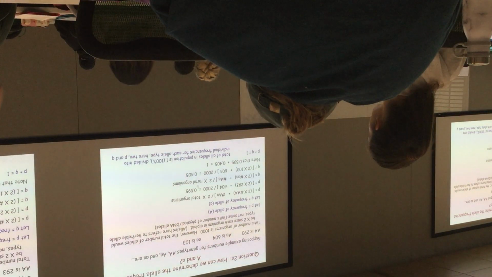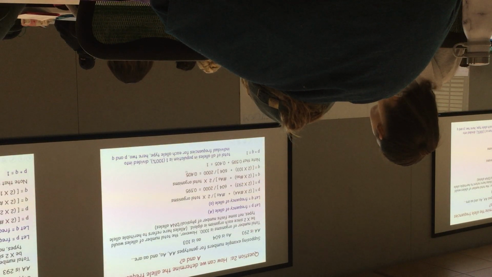The frequency of big A is twice the number of these individuals plus the number of these individuals, divided by 2 times the total, which is the total alleles here. And so you get whatever this resolves to over 2,000, and we get an allele frequency P for the big A allele of 0.595, about 60%. Okay? And you can do the same thing with small a.